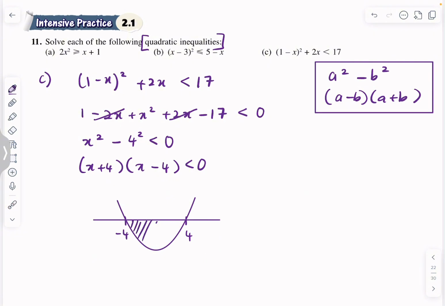So if I shade here, our answer will be in between negative 4 and 4. Done. This is the answer. This is how to solve quadratic inequalities. You have to factorize, you have to draw your smiley face graph, and then you have to either shade down if it's less than 0, or here if it's more than 0. That's it.